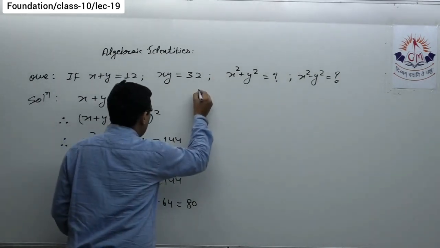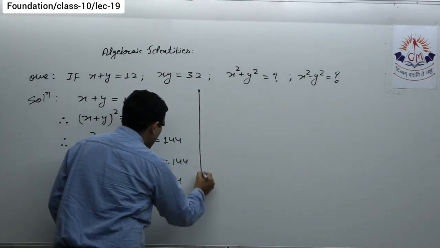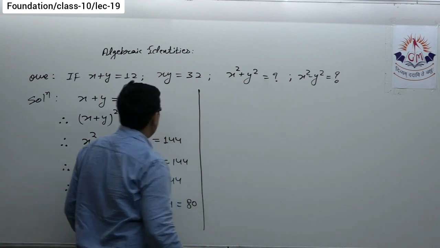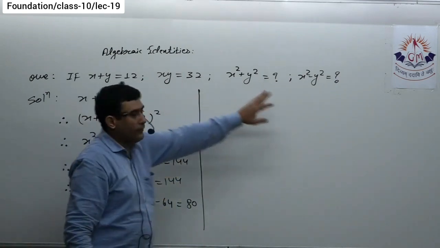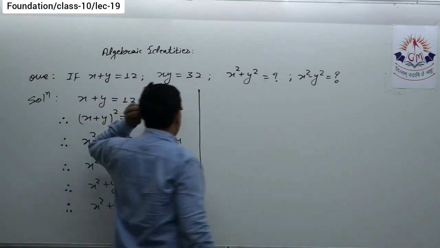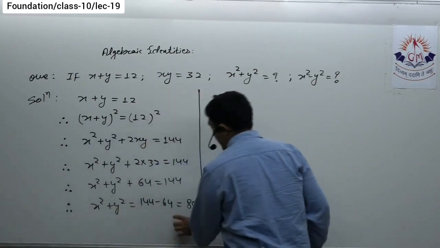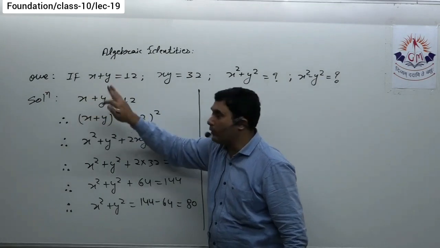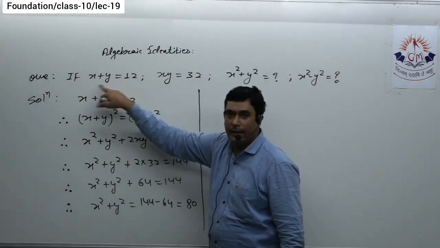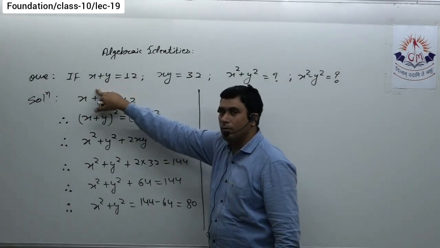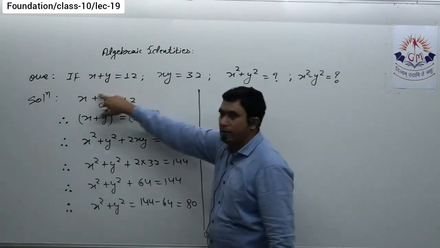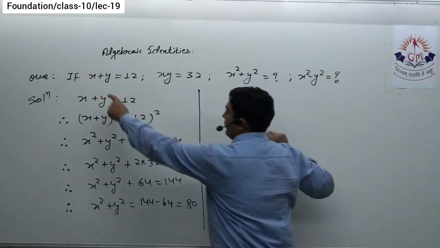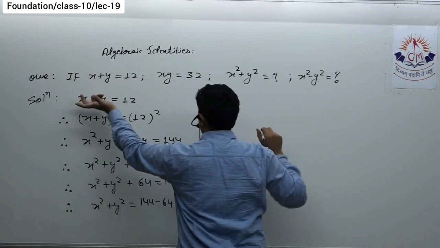Now how to get the value of x square minus y square? Before I proceed to get the value of x square minus y square, let me confirm whether this value is right or not by keeping x equal to 8 and y equal to 4, because we got those values by hit and trial, as those two values satisfy the two given pieces of information, x equal to 8, y equal to 4, or vice versa.